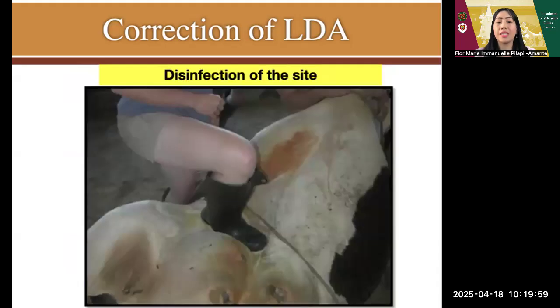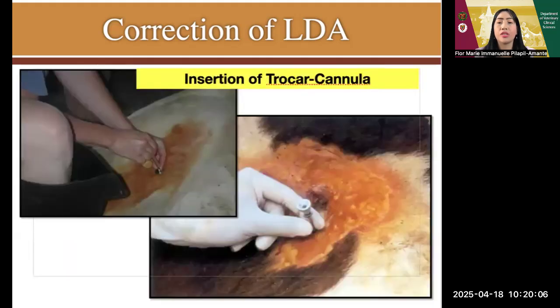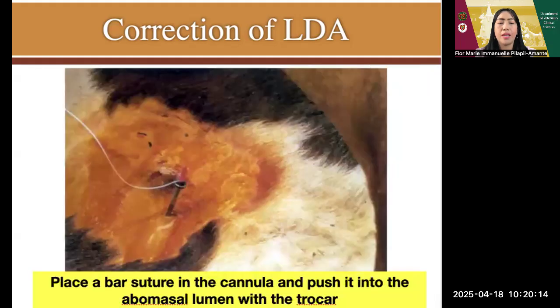Observe the location of the disinfection area, which is at the right side of the ventral midline of the cow. The trocar cannula will be inserted, and this will expel gas and acidic gastric fluid. Then the bar suture will be placed in the cannula in this manner and pushed by the trocar to the abomasal lumen.